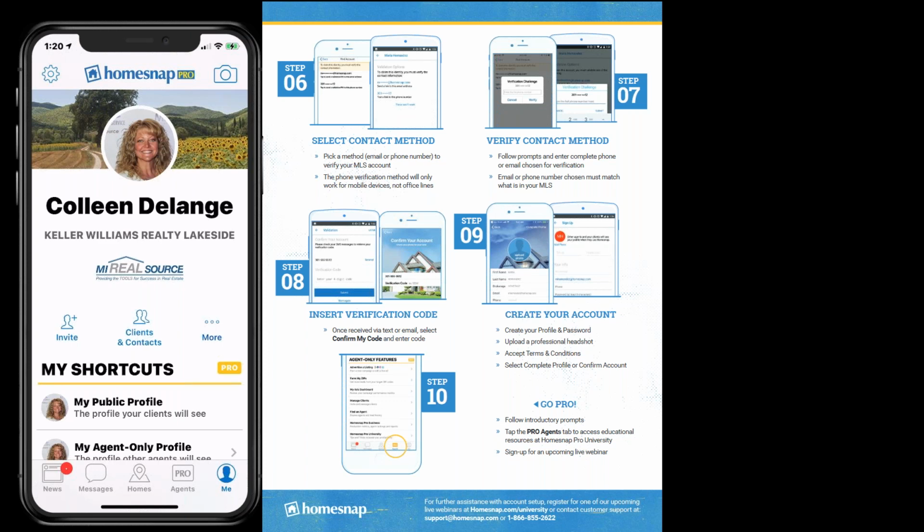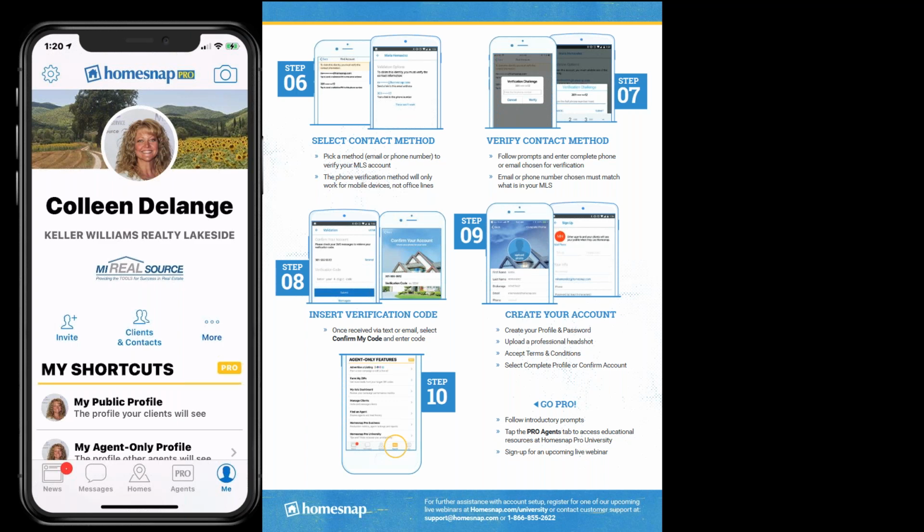Okay, the last step is the most important step. In order to know that you've done this successfully, you have to see Pro in the bottom of your HomeSnap account. If you see mine right over here on the left side of your screen, at the bottom it says News, Messages, Home, Pro Agents. That's what you're looking for.